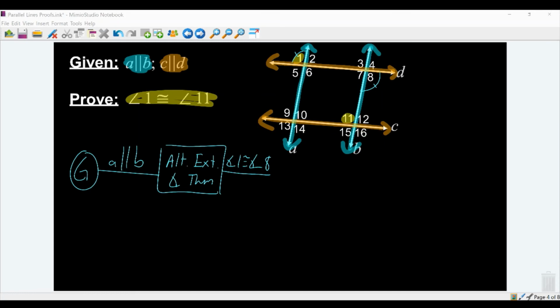So the line that connects 8 and 13 is line B. And I can see that these angles are alternate interior angles, which means that those are congruent. So now I have my given, which is C is parallel to D. And now using alternate interior angles, I can say that angle 8 is congruent to angle 11.